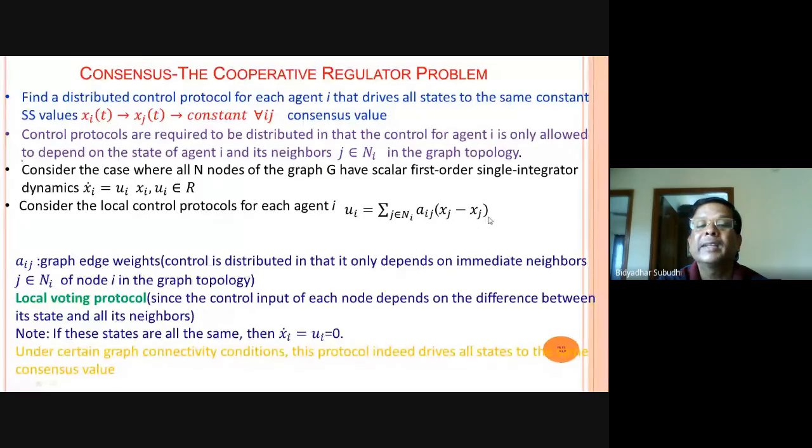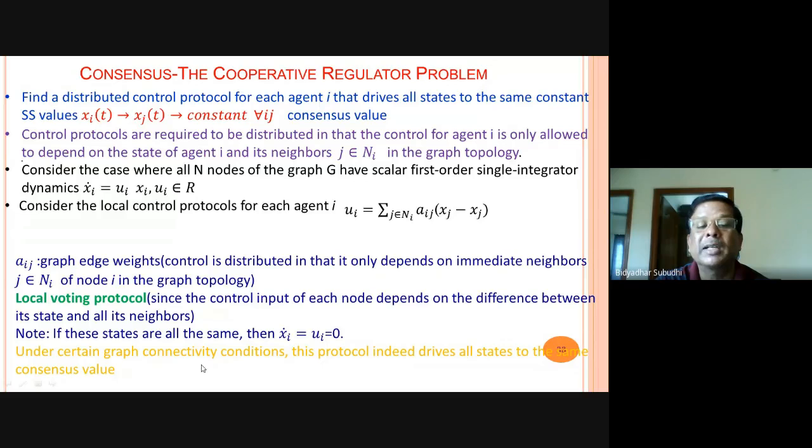Here aij, as I already told you, is the graph edge weight, and it comes from the communication between the different distributed generating sources. This control is called the local voting control, because it takes information locally from the neighboring agents. Please note that all these states are the same when xi dot, that is ui, becomes equal to 0.